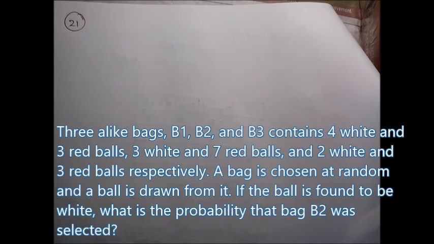Three alike bags B1, B2, B3 contain 4 white and 3 red balls, 3 white and 7 red balls, and 2 white and 3 red balls respectively. A bag is chosen at random and a ball is drawn from it. If the ball is found to be white, what is the probability that bag B2 was selected? Now here, let the observed event that the drawn ball is white be A. Three identical bags are there, so the probabilities of drawing B1, B2 and B3 are P(B1), P(B2) and P(B3).